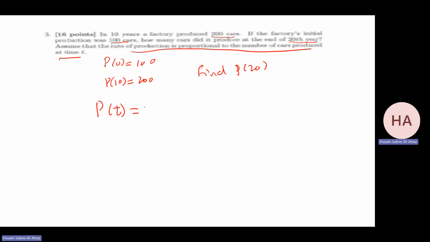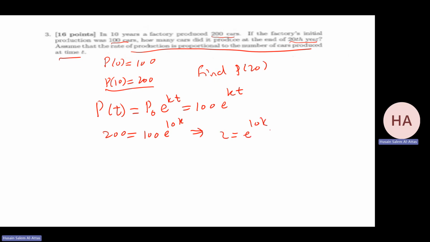P of T will be B0 e^(KT), which is 100 e^(KT). Now use this, 200 equal 100 e^(10K). Divide, so 2 equal e^(10K). So K is what? 1 over 10 ln 2.